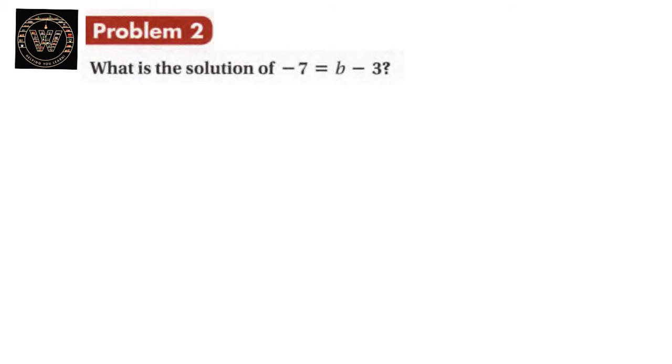Let's try this. What is the solution of minus 7 is equal to b minus 3? Remember, if we have to solve an equation, we need to isolate the variable. We need to keep the b alone and separate the minus 3 from b. How will we separate the minus 3? We will move the minus 3 to the other side of the equal sign.